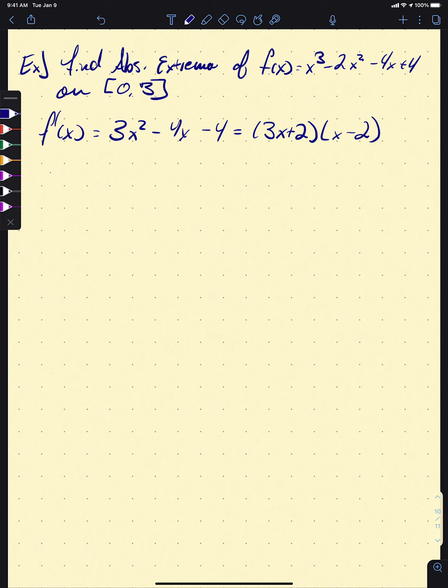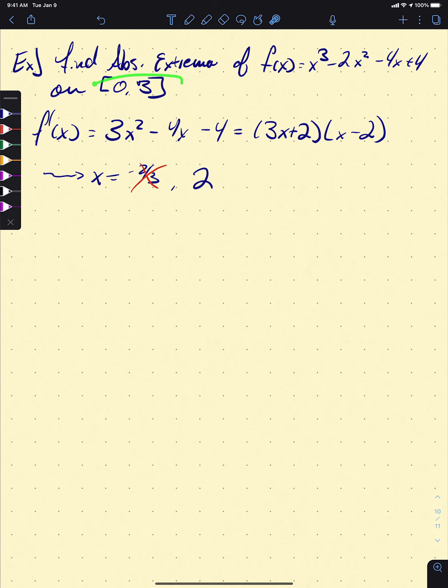This is equal to 0 when x is negative 2/3 and x equals 2. But notice, negative 2/3 is not in the domain that we're interested in, right? We're only interested in the interval from 0 to 3. And since this is outside, we can chuck it in the garbage and not worry about it, okay?